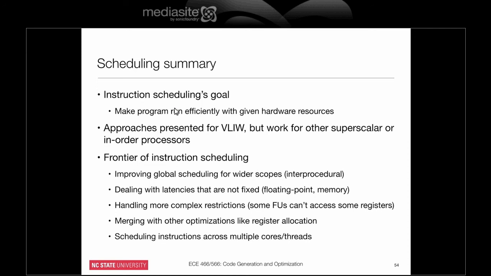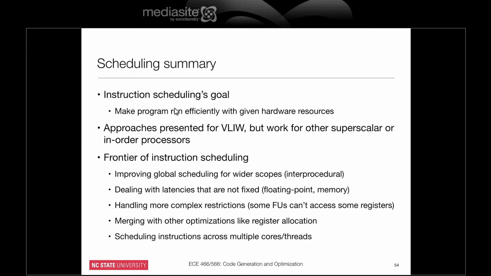If you're running on a dynamically scheduled processor, then the role the compiler can play is less, because the hardware is going to be doing a lot of work trying to schedule instructions in the right order. And so the extra effort by the compiler may just not help much. It may help a little bit, but it's not going to help a lot. But especially on in-order processors, even if it's not a VLIW, just a regular in-order processor, the compiler can have a big role in seeing to it that things execute in an efficient order.